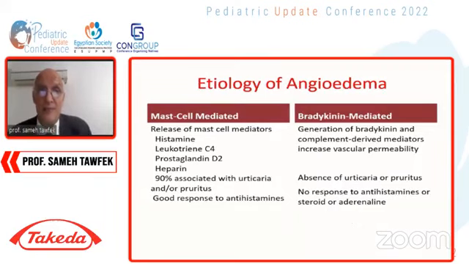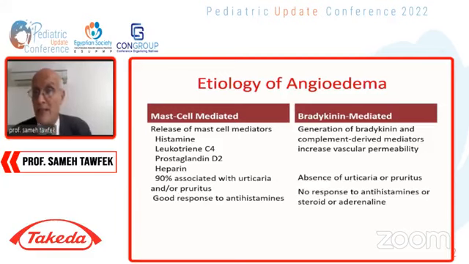Etiology of angioedema: two types, mast cell mediated or bradykinin mediated. In the mast cell mediated type, there is a release of mast cell mediators, which are histamine, as all of us know, leukotriene C4, prostaglandin D2, and heparin, and 90% are associated with urticaria and/or pruritus, and there is a good response to antihistamine.